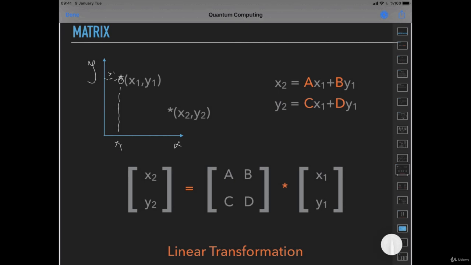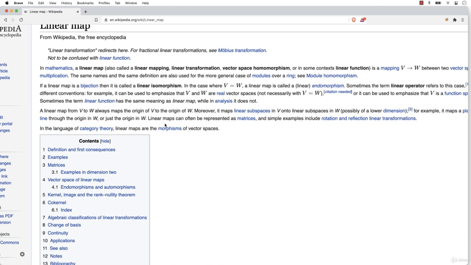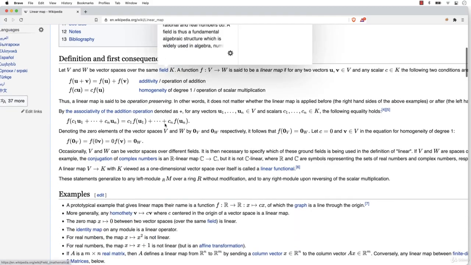So you know this stuff. This is the same way for x2, y2 as well. Of course, we can write a formula to just make the x1, y1 into x2, y2, right? So this is called linear mapping or linear transformation.